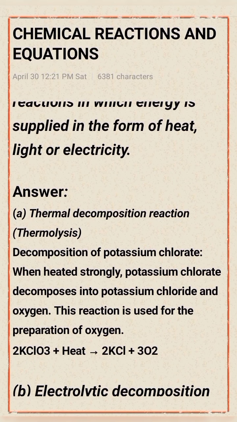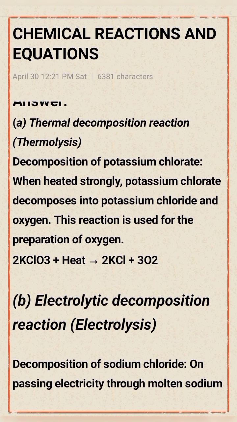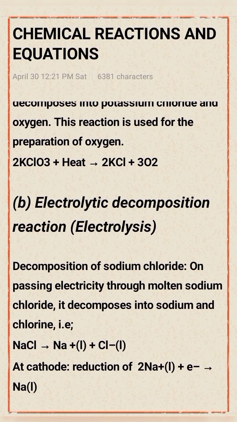3O2 (oxygen). Next, electrolytic decomposition reaction by electrolysis. Decomposition of sodium chloride. On passing electricity through molten sodium chloride, it decomposes into sodium and chlorine. That is, NaCl ionizes into Na+ (liquid, that is ion) plus Cl- (liquid, that is ion).